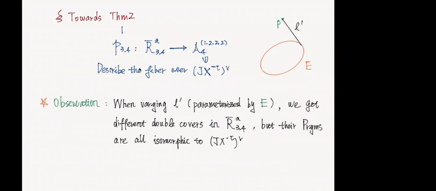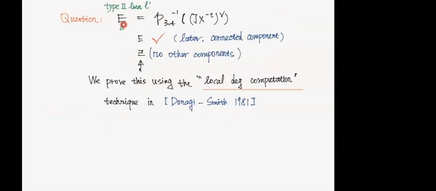As we proved, the Pryms of these double covers will all be isomorphic to the anti-invariant part. So if I consider the fiber of this anti-invariant part, it is kind of easy to show that this elliptic curve E, if I think of them as type 2 invariant lines, or invariant lines passing through the Eckardt point, is contained in the fiber.